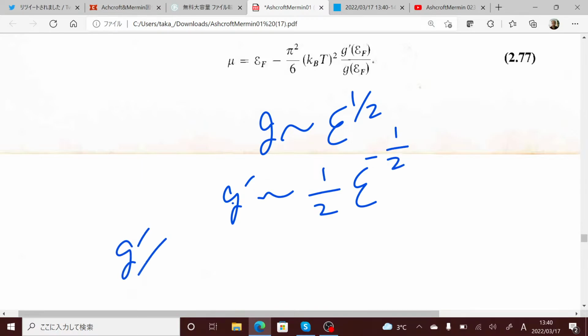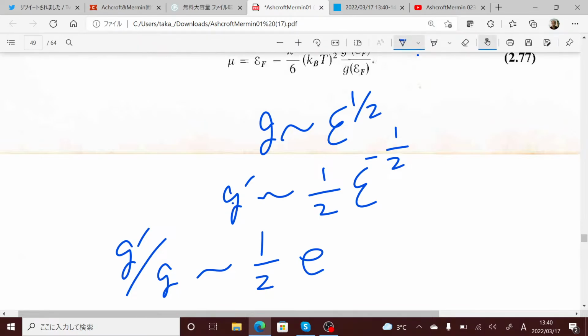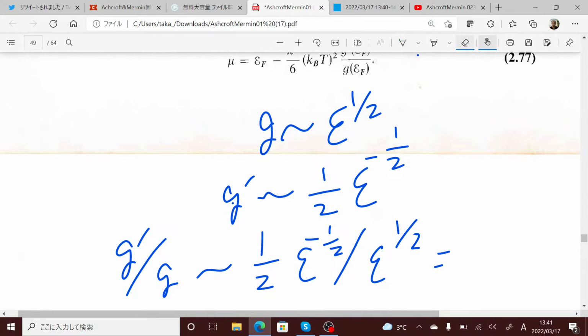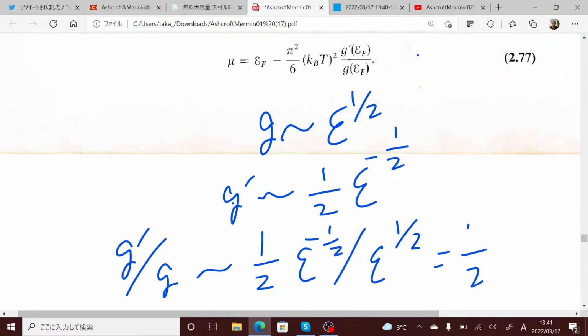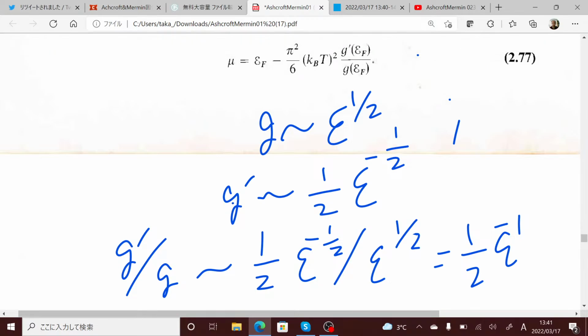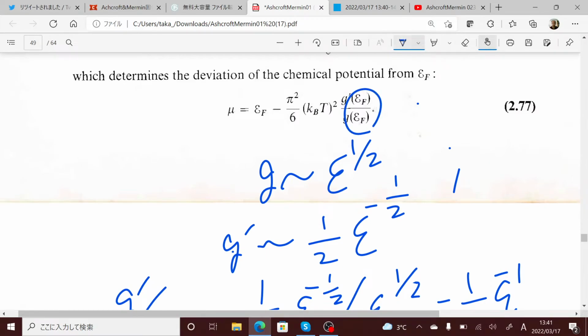So G prime divided by G goes like 1/2 epsilon to the minus 1/2 divided by epsilon to the 1/2, which is 1/2 epsilon inverse.